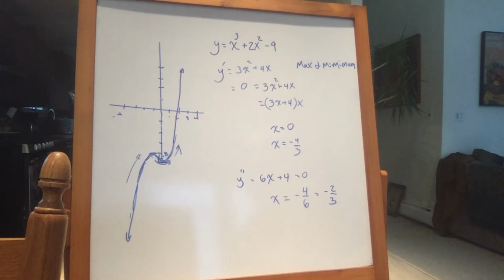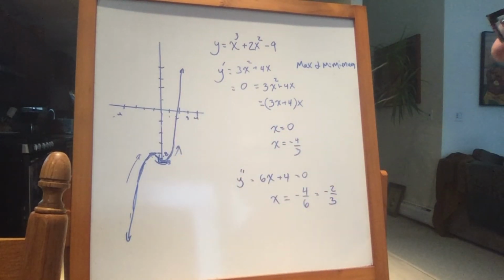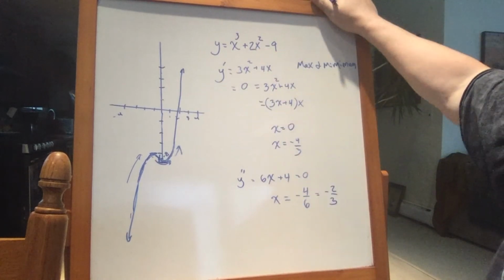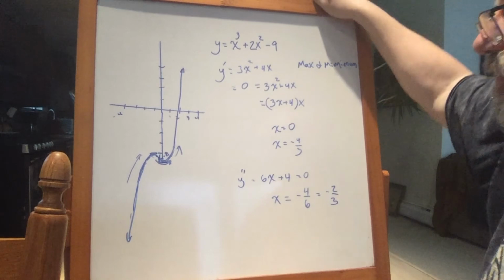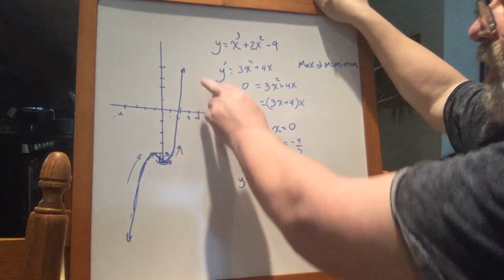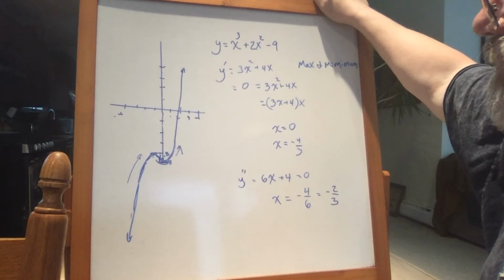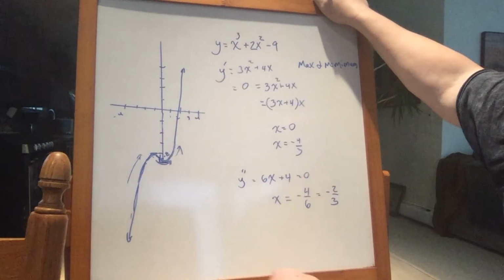So we get information about the plot that helps us, and we're assuming, because this is a polynomial, that it's continuous on the entire domain of the real numbers, from negative infinity to positive infinity.